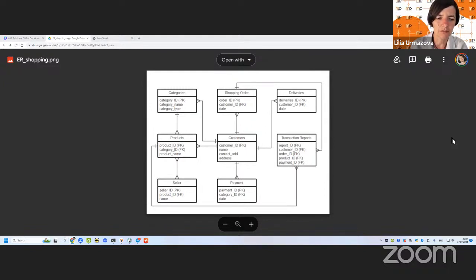And in this case, yes, we should have different deliveries. Not should have, we may have different deliveries for one order.